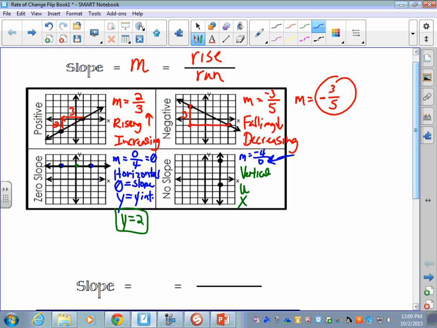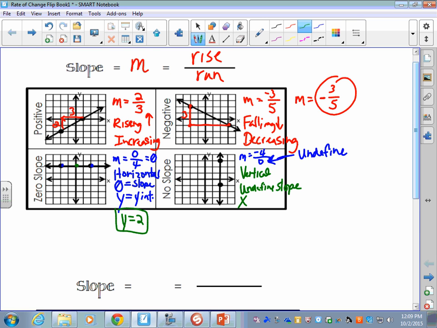Whenever the 0 is your denominator, it's what we call undefined. Is that what the U stands for? Yeah, that's what the U stands for. So for vertical lines, U is your undefined slope.